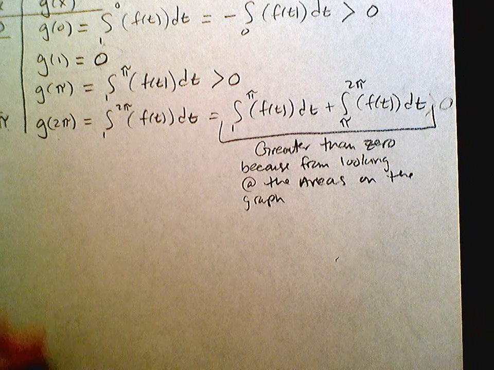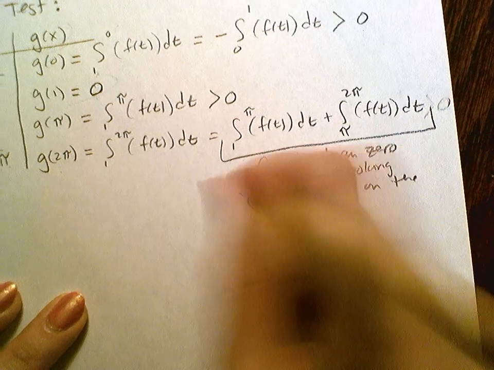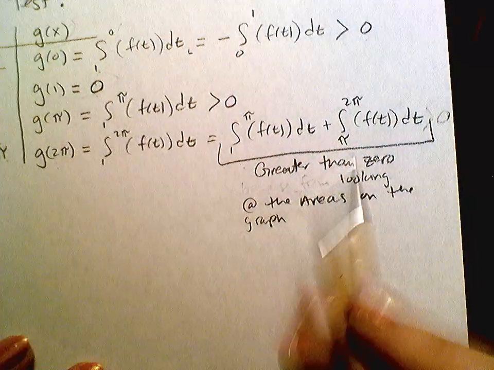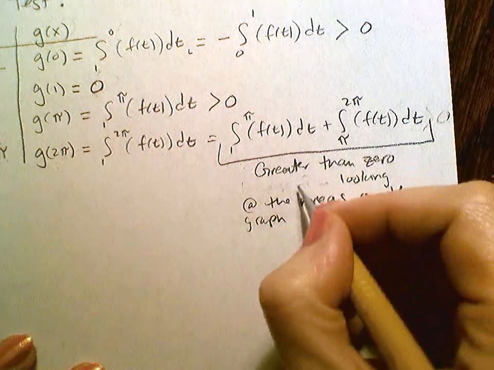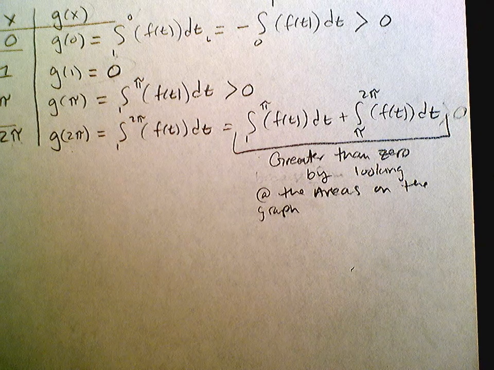Yeah, greater than 0, and then we'll just say by, sorry, I know people love when I erase. That's why we should all be using pencil. So greater than 0 by looking at the areas on the graph.